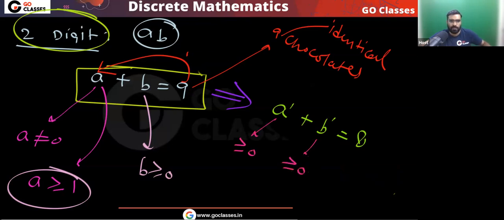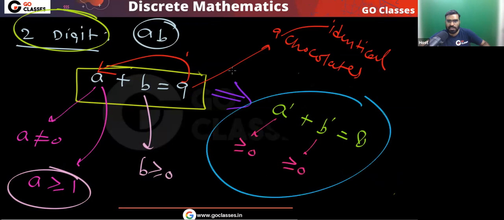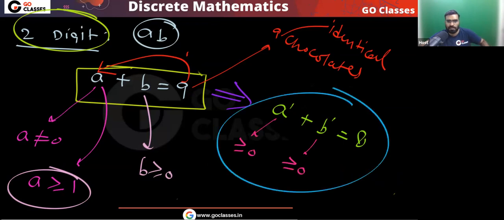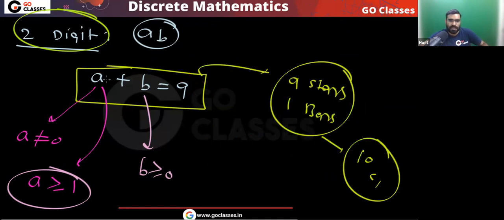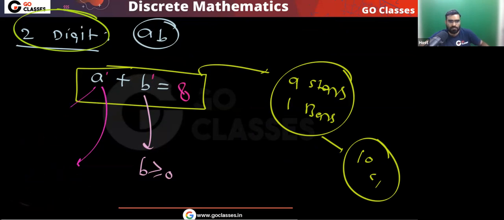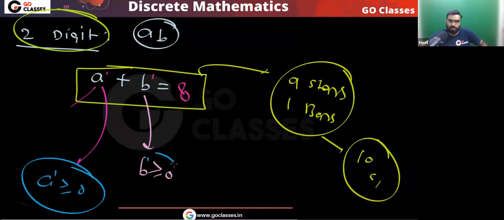Now this is the equation you got, a new equation. In this new equation, you have total 8 stars, 1 bar.